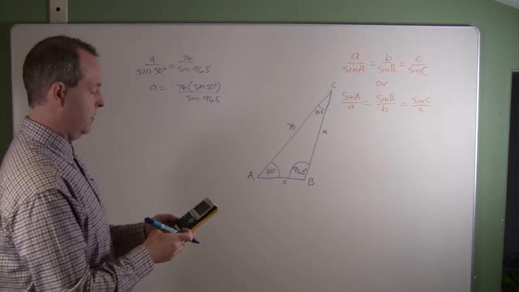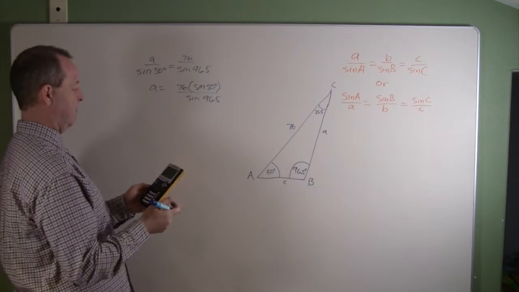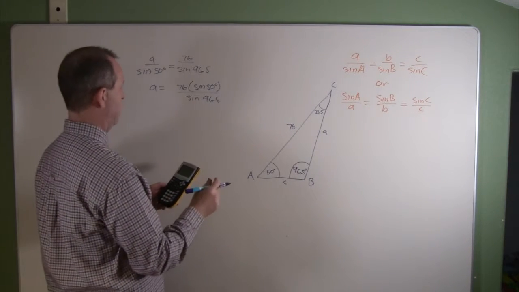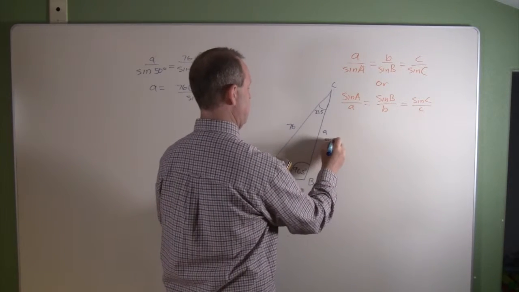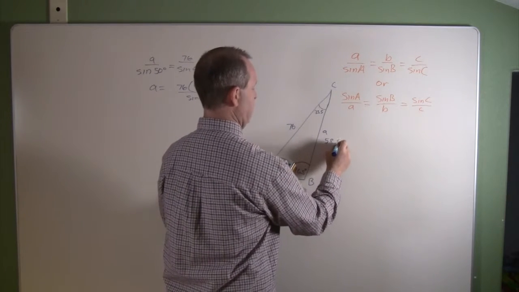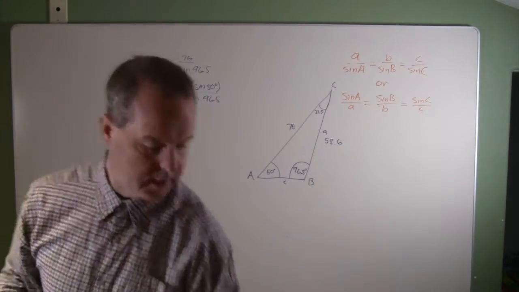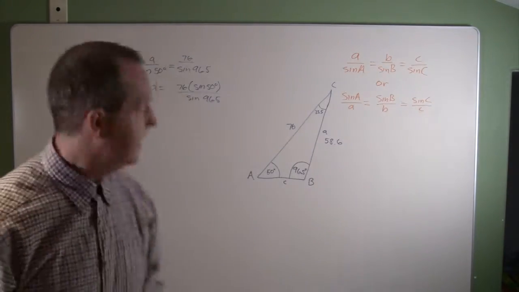Enter. Tells me I get 58.59. Let's round up to 58.6. So that was for A. This side is 58.6 units, whatever this particular problem's measured in.